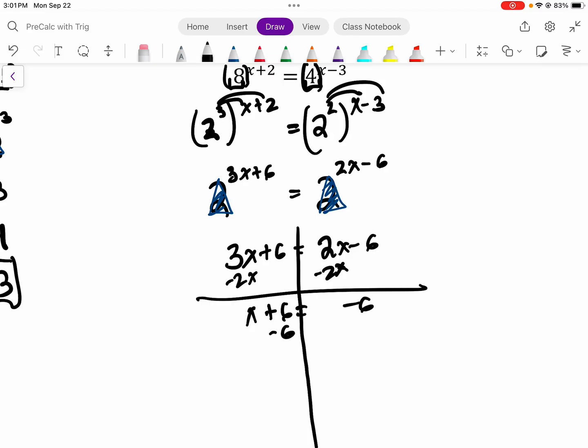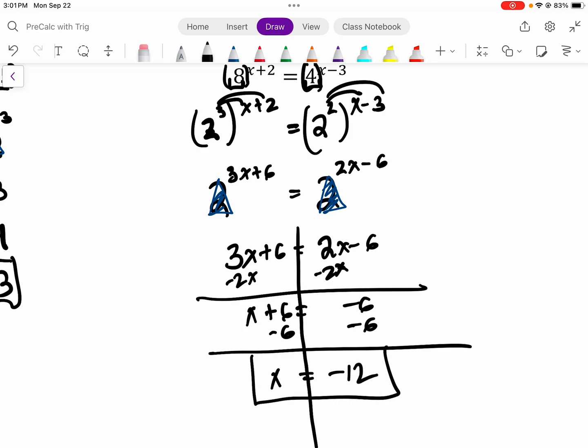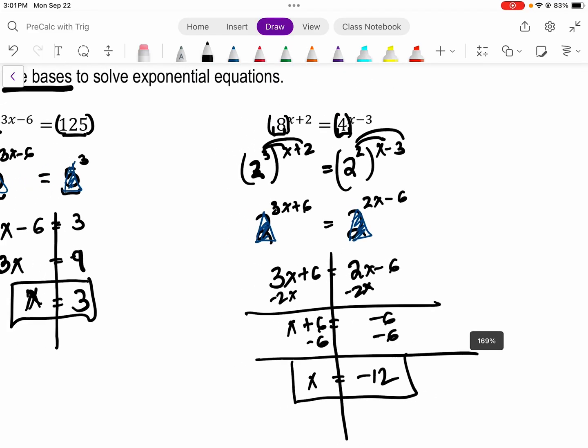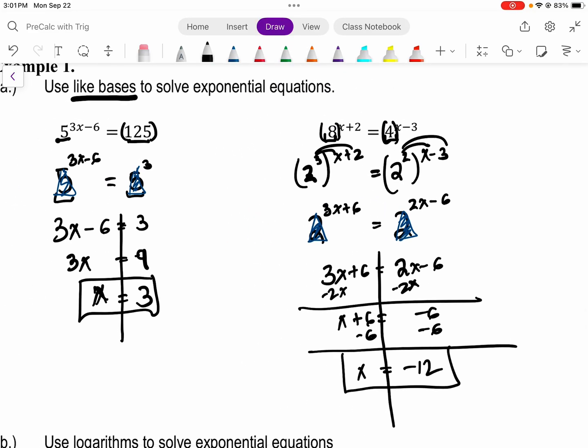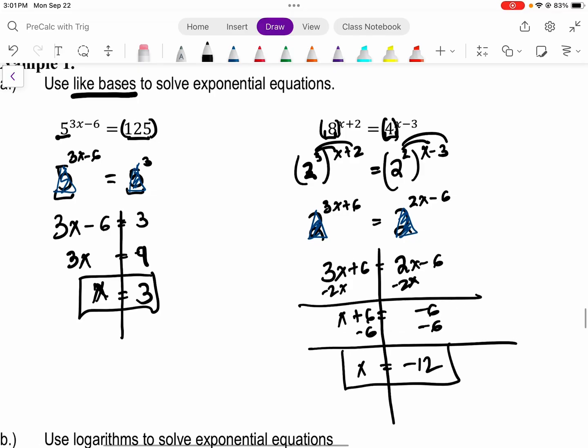And then I'm going to subtract that 6. So x equals negative 12. Okay, and that's basically it. Yep, it all looks good. Cool.